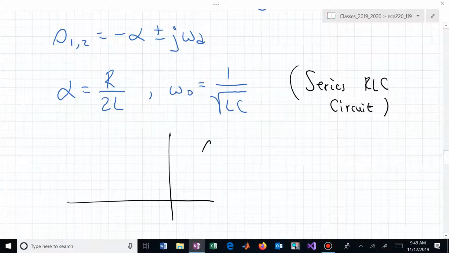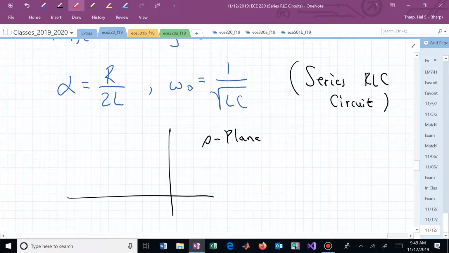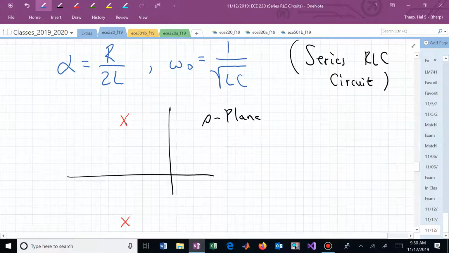Here's our S-plane. We know we have roots that are complex conjugate. Let's just focus on the one in the upper half of the S-plane. The distance it is away from the origin is actually its natural frequency. That's the hypotenuse. That's omega sub 0.